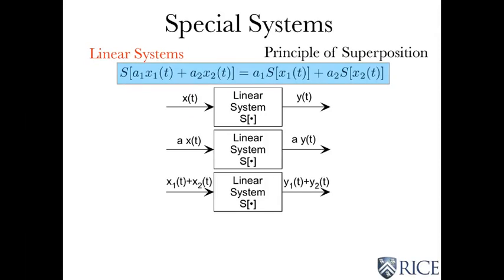Here are some special cases of the linear system. Let's assume that the system S is linear. If you multiply the input by a number, you change its amplitude, well, the output is going to be the output you had before multiplied by the same gain factor.